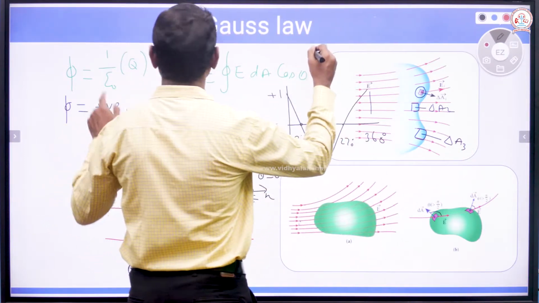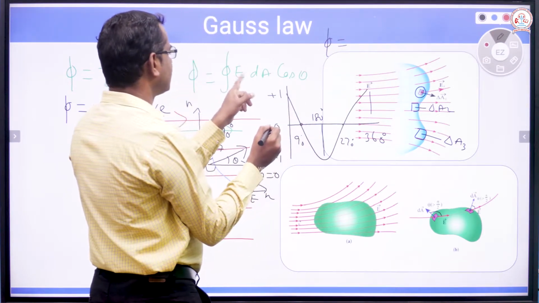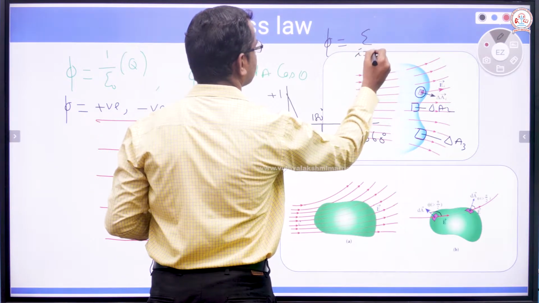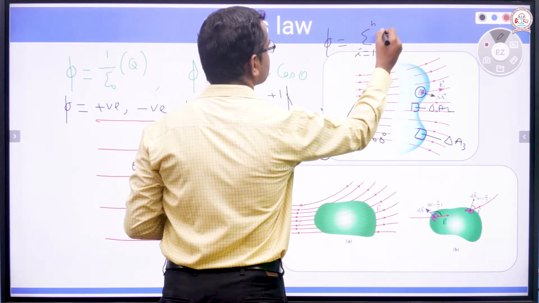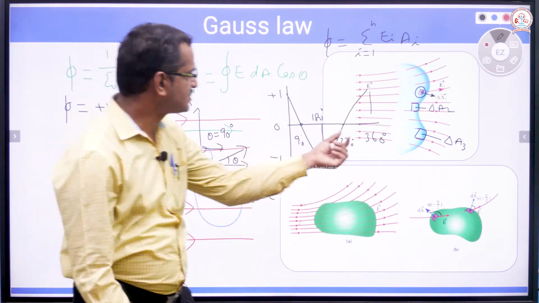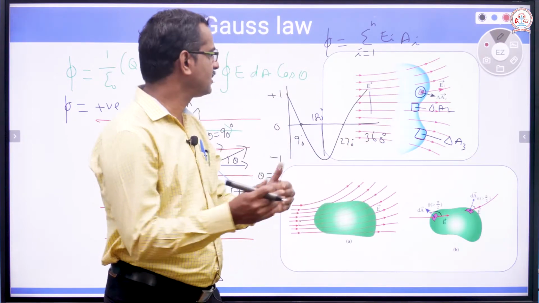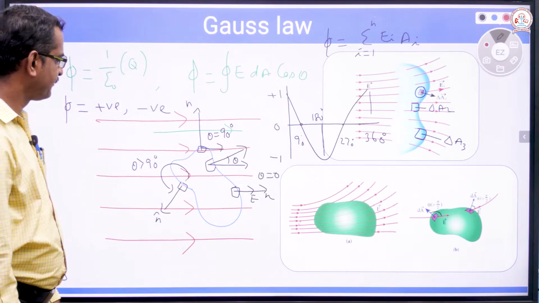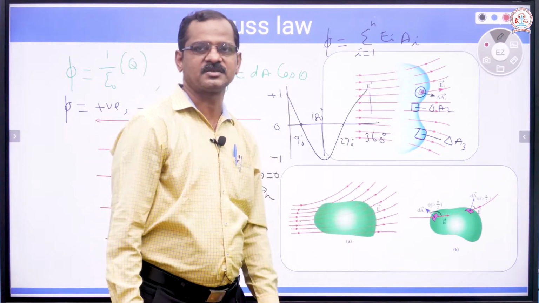Flux phi is equal to the closed integral of E dA, which we can write as sigma i equals 1 to n of E_i A_i. You can imagine small areas at different parts and we add everything. So like this we can find the flux for different shaped objects.